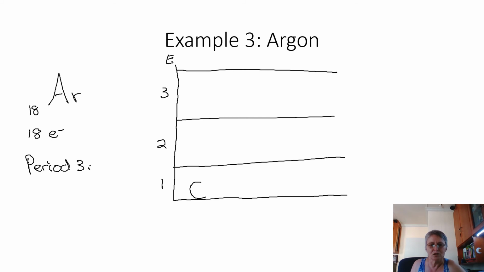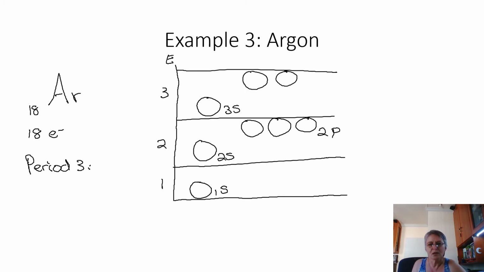In the first energy level you have the 1s orbital, 2s, 2p, 3s, and 3p. So to place 18 electrons, 1, 2, 3, 4, using Pauli's principle, 5, 6, 7 to use Hund's rule, 8, 9, 10.